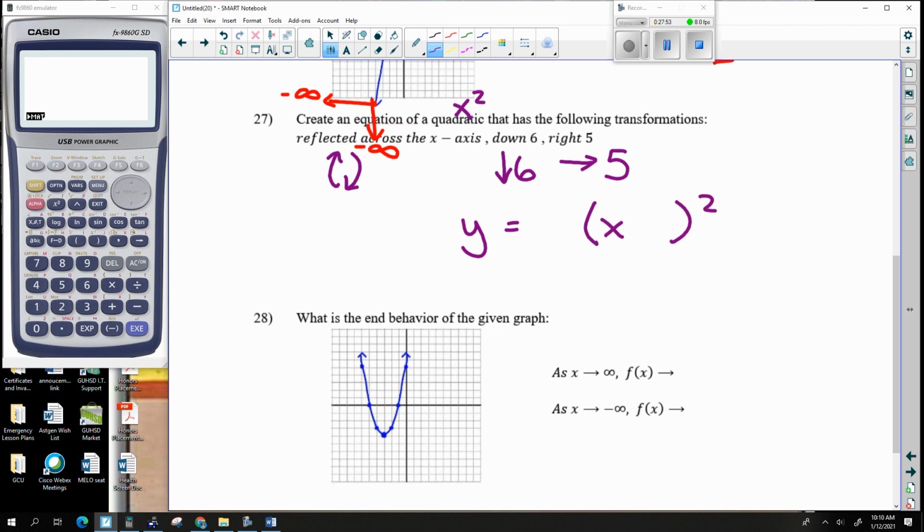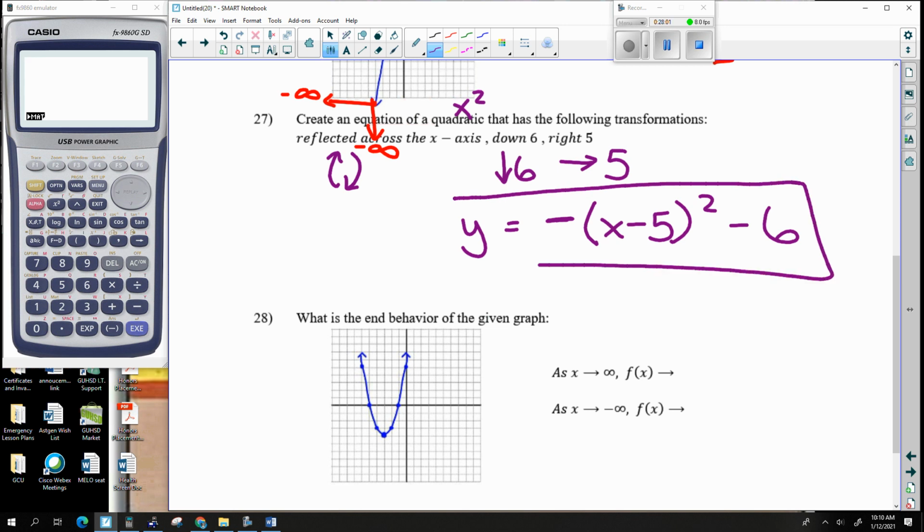So it's reflected, down 6, right 5. And again, the x's lie. So typically this is positive and this is negative, but if I need to move to the right, it's going to be a minus, because the x's lie, not the y.